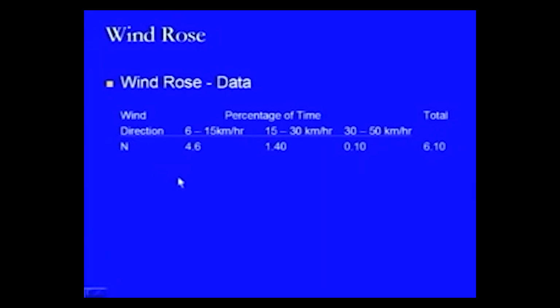For example, the wind is blowing in the direction north, and for 4.6% of the time period it has been moving with a velocity between 6 and 15 kilometers per hour, whereas for 1.4% of the time it was moving within a range of 15 to 30 kilometers per hour, and for 0.10% of the time it was moving in a range of 30 to 50 kilometers per hour. The summation of this time period is 6.1%, showing that out of the total 100%, the wind was blowing for 6.1% of the time in the direction north.